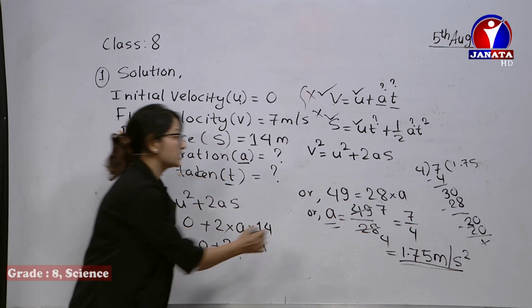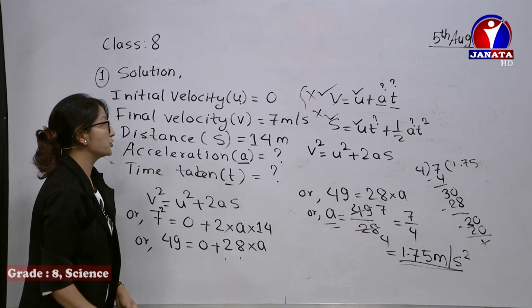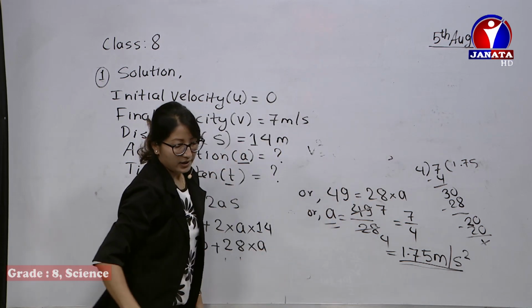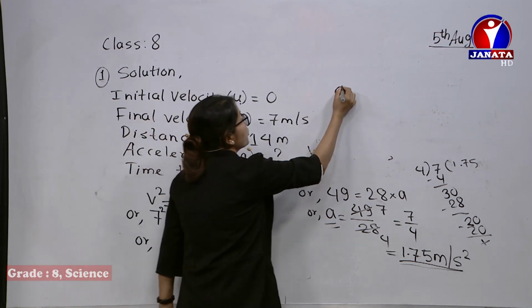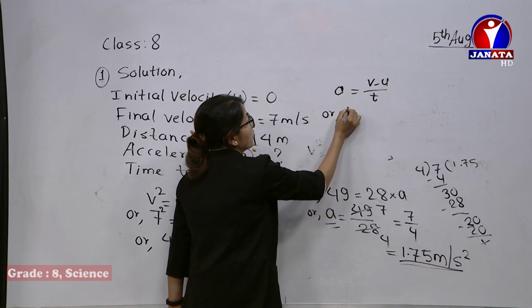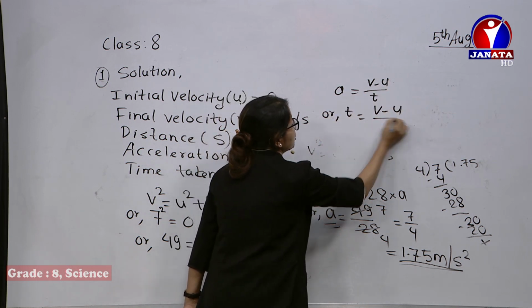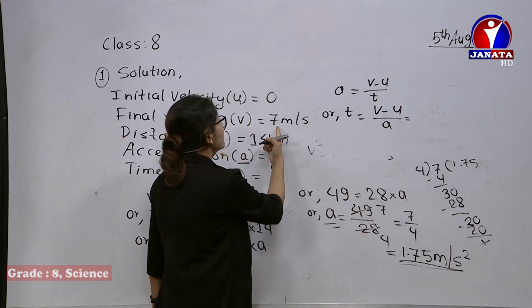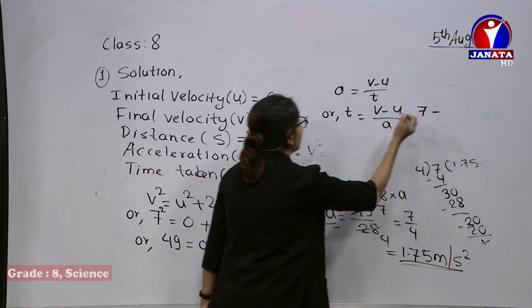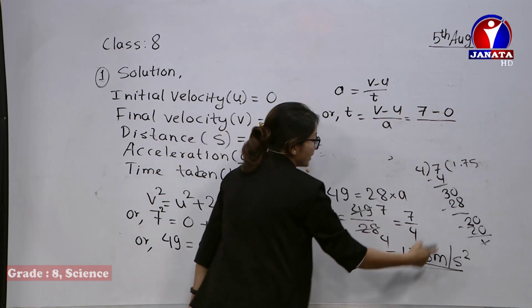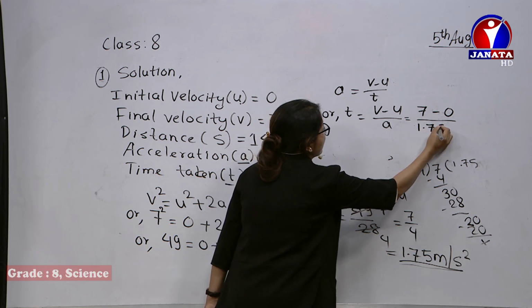So using this A's value, if you substitute the value here, you can easily get the value of T. We know that A is equals to V minus U by T. So T is equals to V minus U by A. V's value we do have as 7 minus U's value is 0, over acceleration 1.75.